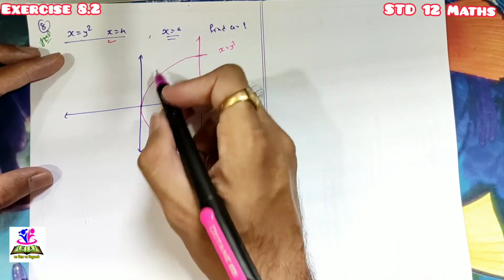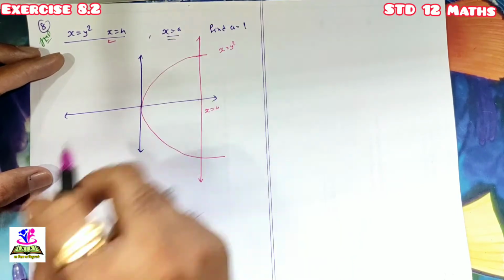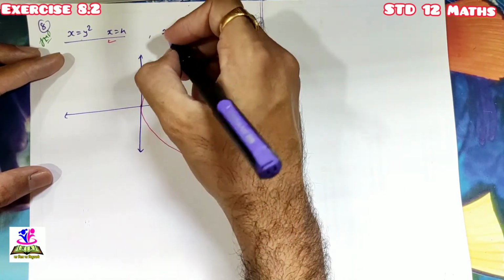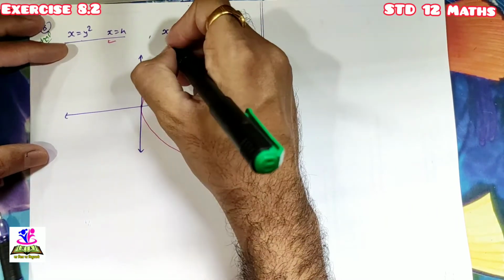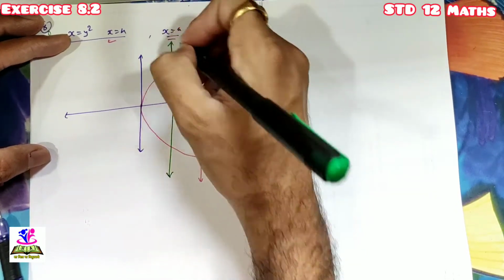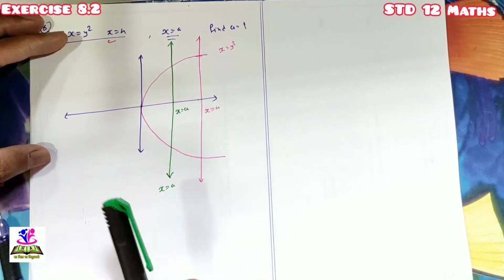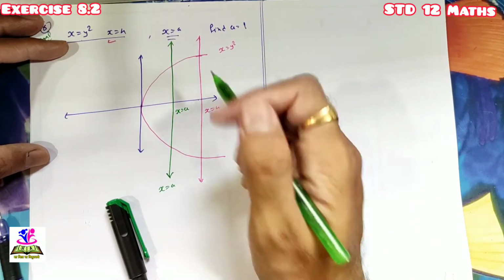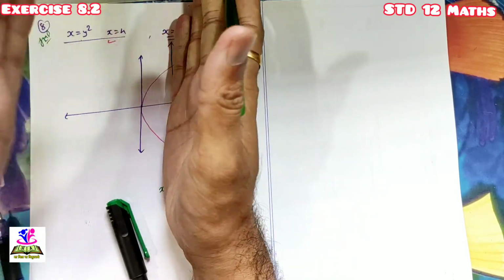So the area enclosed by this curve and this line is equally divided by this line x equal to a, है ना. तो ये लाइन को x equal to a से equally divide कर रही है. So this is the x equal to a line. Here you can write x equal to a. So this area is equally divided. Which area? This total area is divided into two parts. This part and this part.